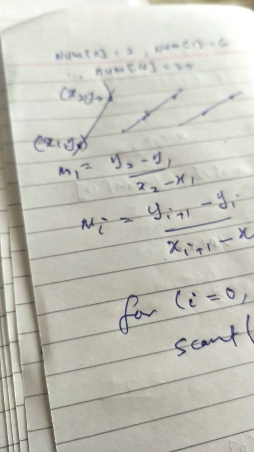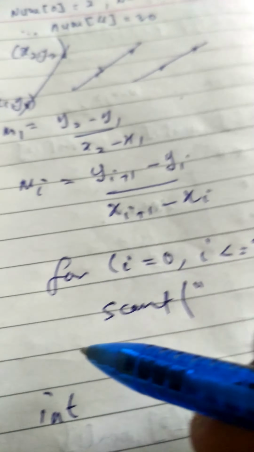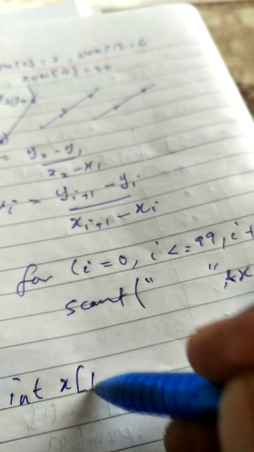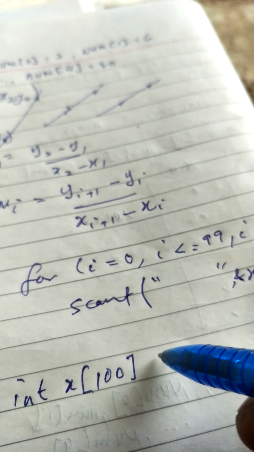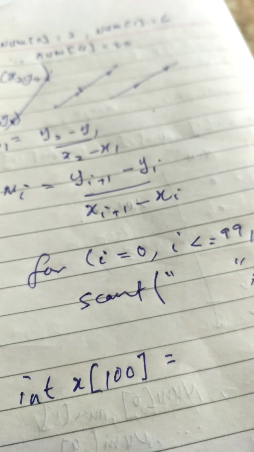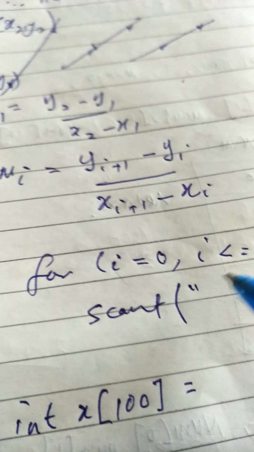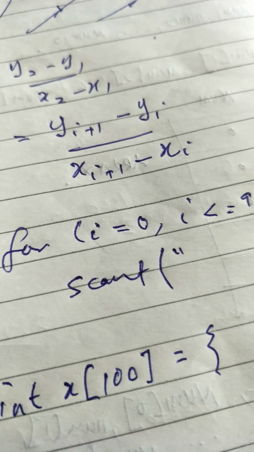Or you can also give an initial value. So integer, this is another way you can do it. Integer x, how many? In this case, 100, from 0 to 99. Then give the values to it, you put the brackets and so on.